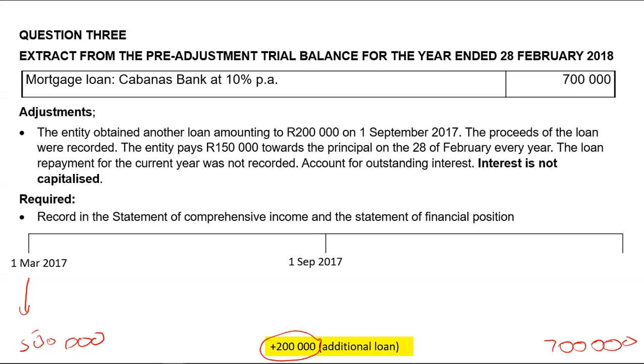Normally when my students struggle with this, because somehow people think accounting is this weird subject that you cannot apply in real life, I normally ask them: yesterday you were owing me 10 rand, today you owe me 20 rand.